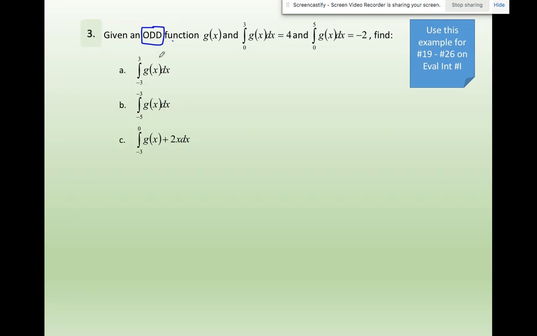And why would they tell you you have an odd function if you didn't need that information? This is going to be very similar to one of the homework problems we give you on evaluating integrals, handout number 1. Given an odd function, okay, odd functions are symmetric around the origin.